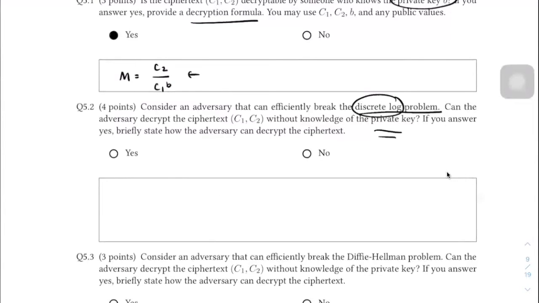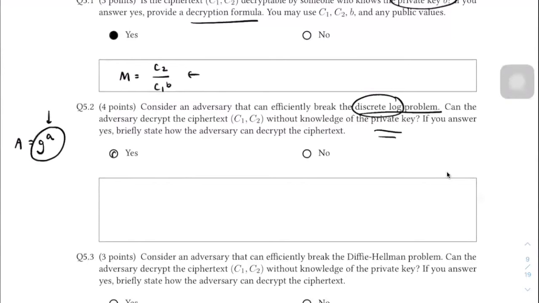You can get every hidden value we hide by taking the log. For example, Alice's public key was just G raised to the A. When the attacker sees this, they don't have a way to get to A because of the discrete log problem. But now they do. So A is no longer private, and the whole security of this El Gamal scheme goes to the bin.